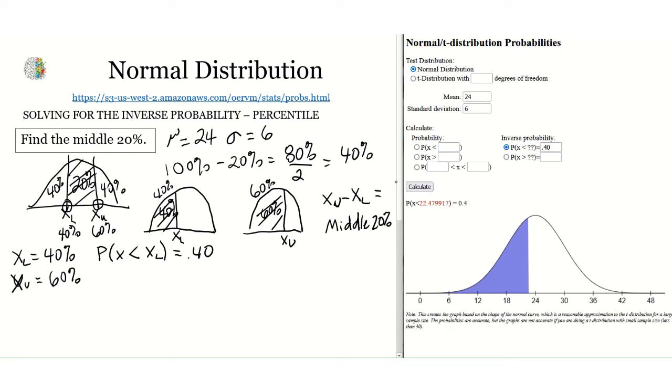And that tells me my lower value is 22.4799. So this value right here where the purple and the white intersect, that is my lower value, and the shaded area is my lower 40%. Now let's solve for the upper boundary, which is going to be at 60%.